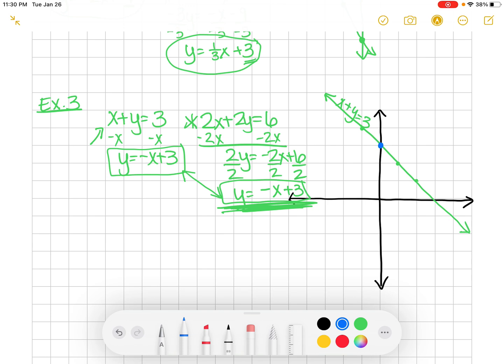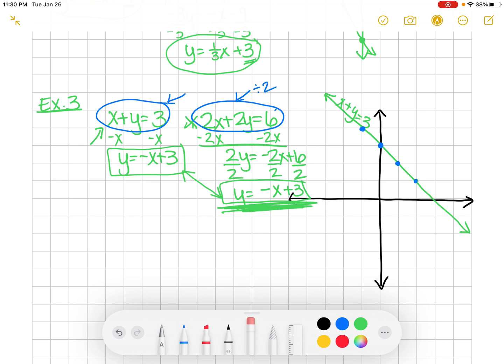So I would go up 1 and to the left 1, or down 1 and to the right 1. And look, I'm getting the same points. So this equation and this equation are the exact same equations, even though they don't look like it. But if I divided everything in this equation by 2, it would look exactly like this one.